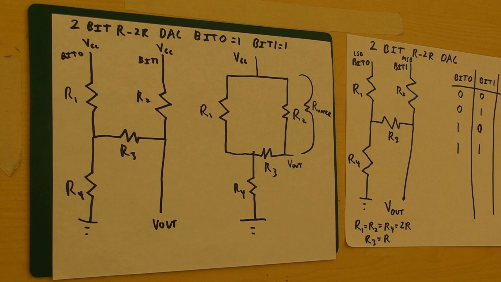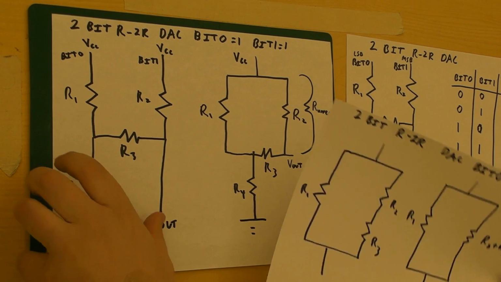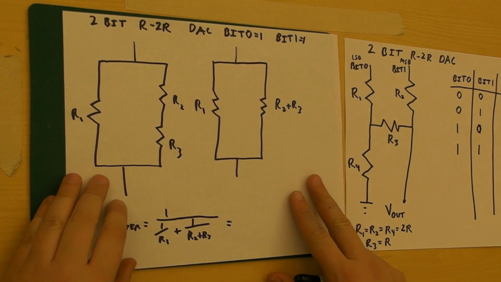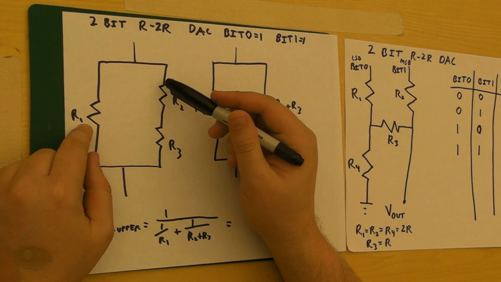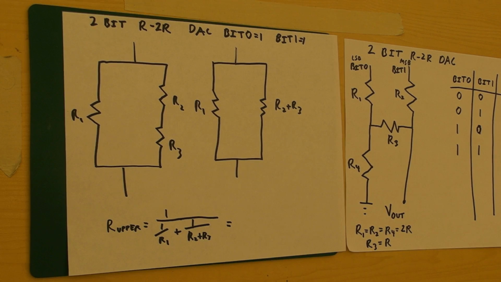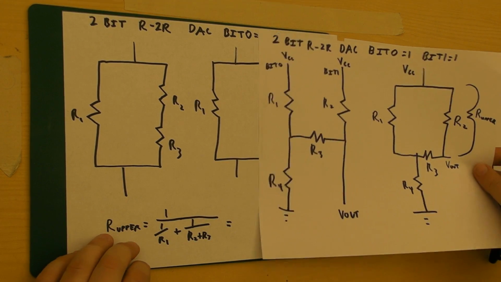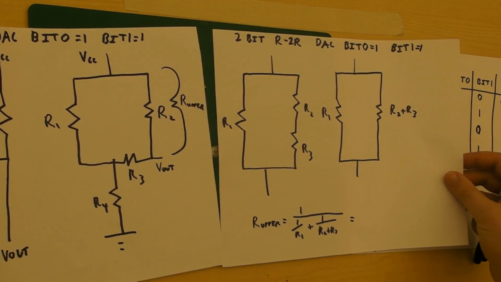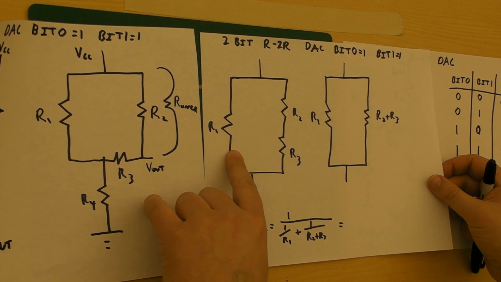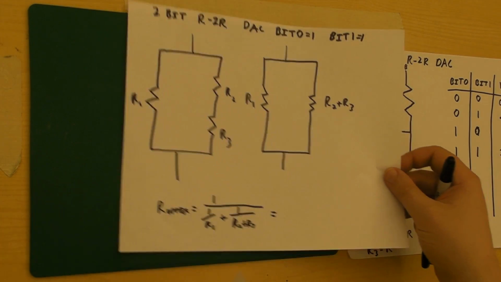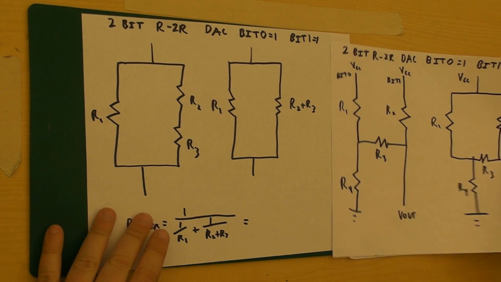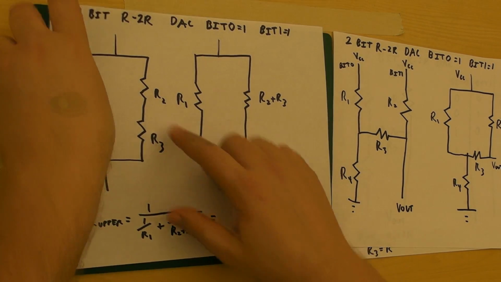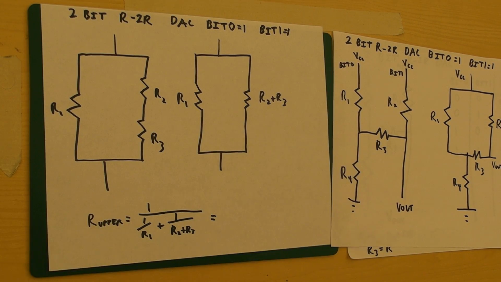Now, just like we did for the lower one, we're going to model that, I guess this is an easier way to do that. We're going to model it very simply. We know that R2 and R3 in series become basically R2 plus R3.